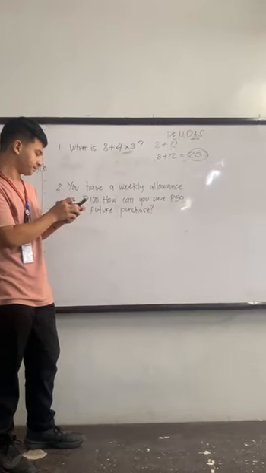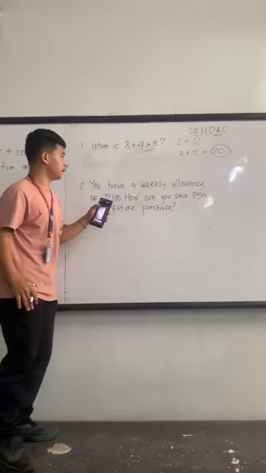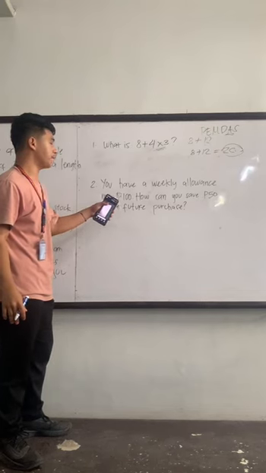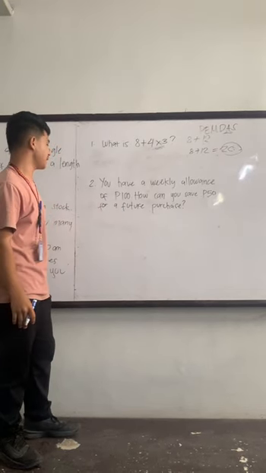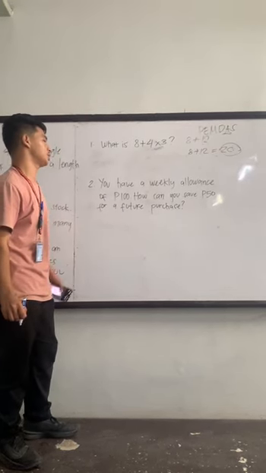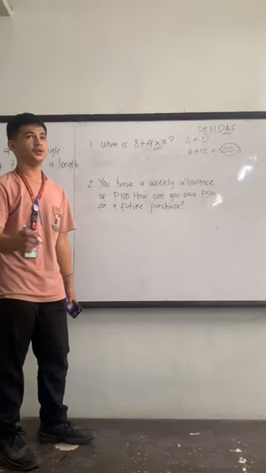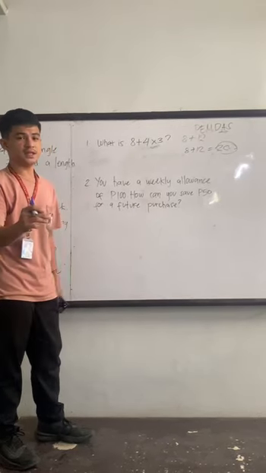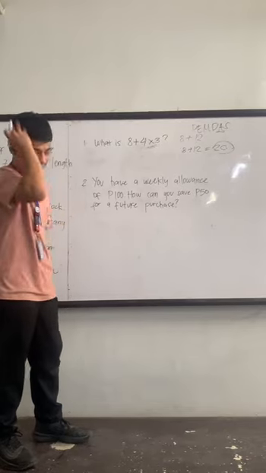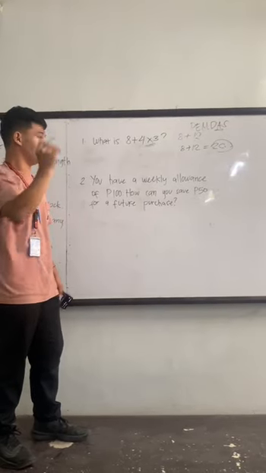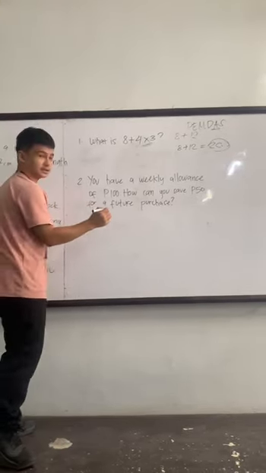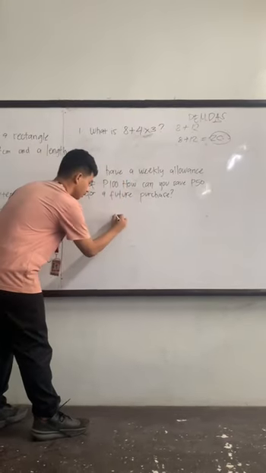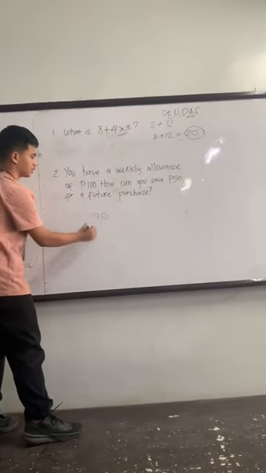Number 2, problem. You have a weekly allowance of 100 pesos. How can you save 50 for a future purchase? What you will obviously do is, first, you have 100 per week.